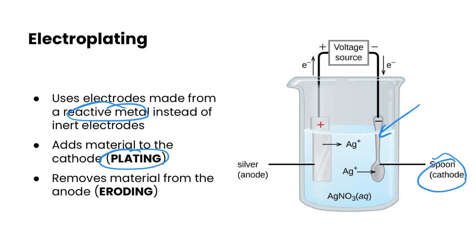Our cathode is undergoing reduction, and so in this particular reaction, silver ions are being plated as solid silver onto this particular spoon. And then as we're doing it, we have also a silver anode here, and that is eroding that material from there. So essentially, we're transferring the silver from this one electrode onto the other electrode.